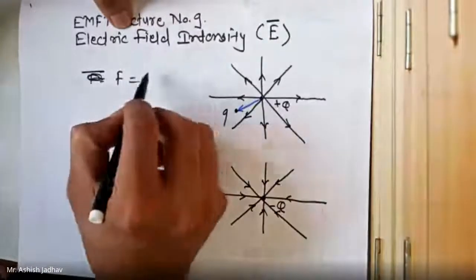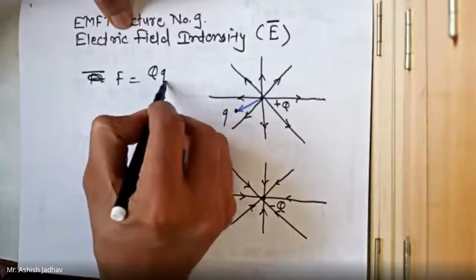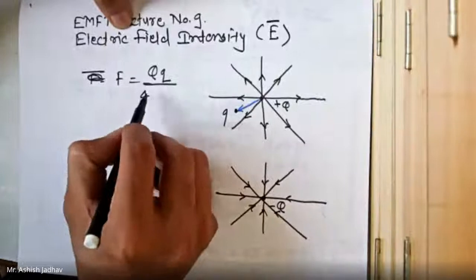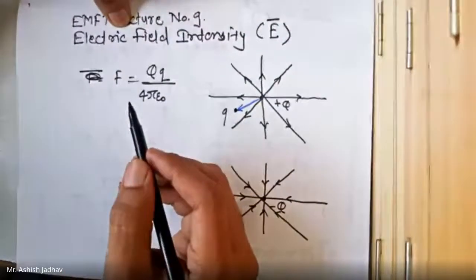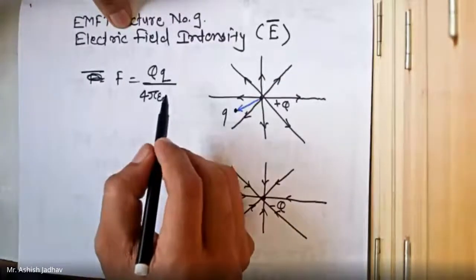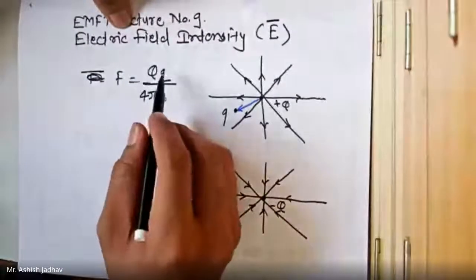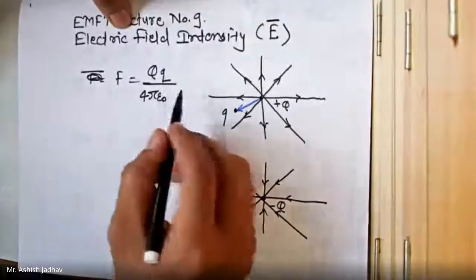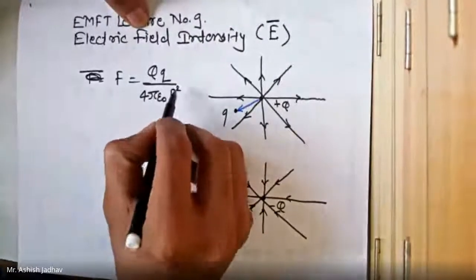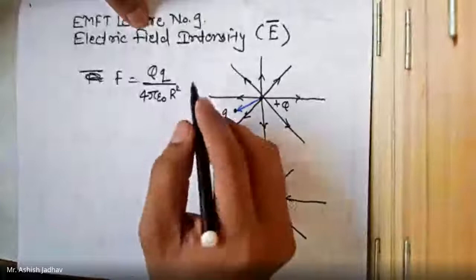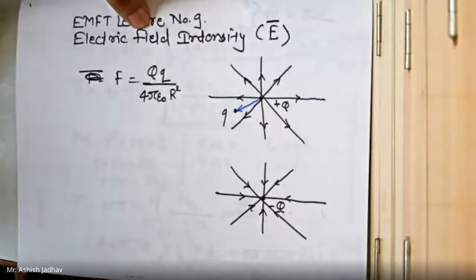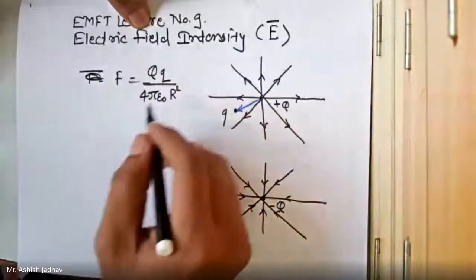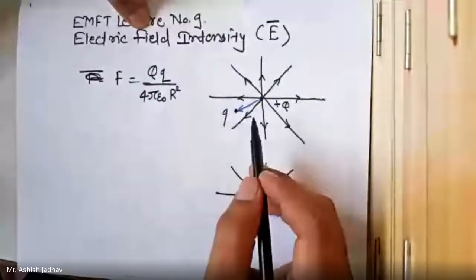F is equal to Q q upon 4 pi epsilon naught r square. 1 upon 4 pi epsilon naught is the medium constant, right? R square is the square of the distance between them, and a bar r, of course, is the direction. So this is the formula for force acting between those two charges.